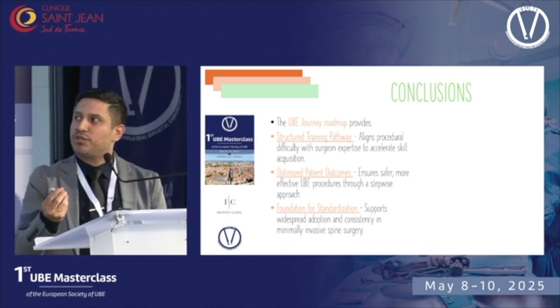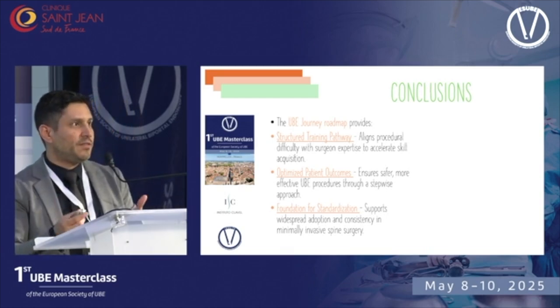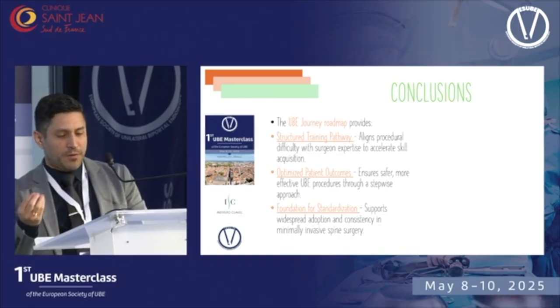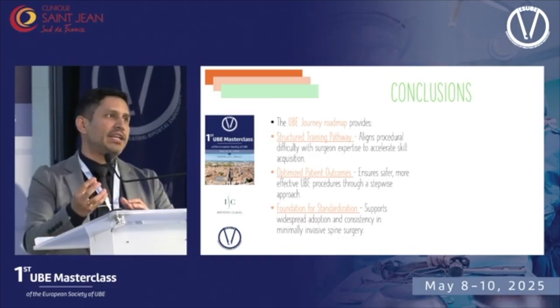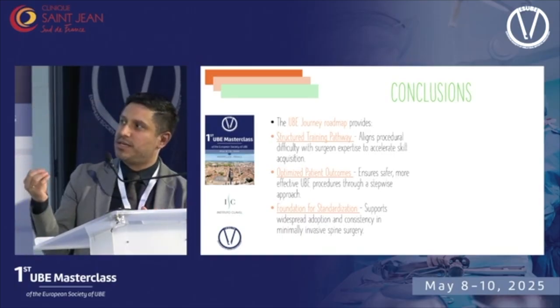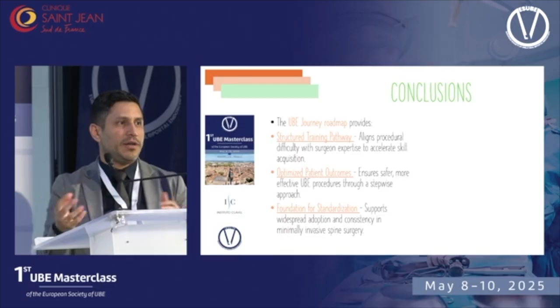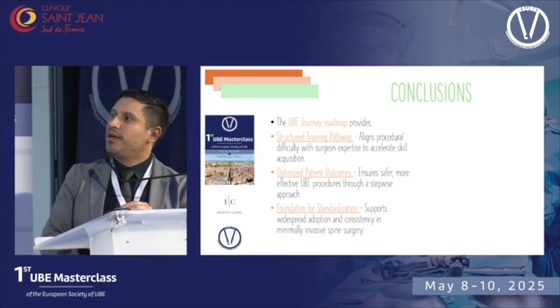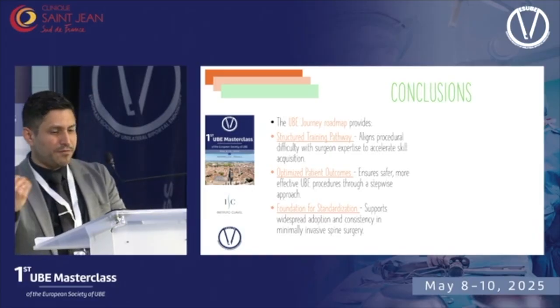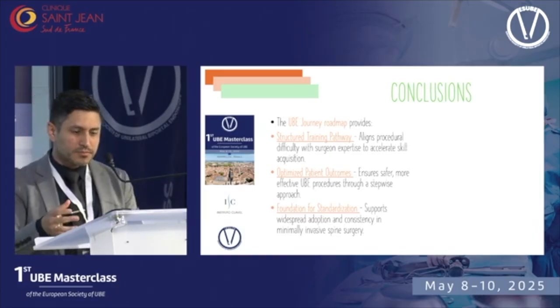And it's a foundation for standardization, which I believe is what we need if we want to have guidelines or recommendations for people to start doing this. We should have some standardized methods in order to start learning and developing the technique, right? And before I conclude, a little reflection from yesterday.